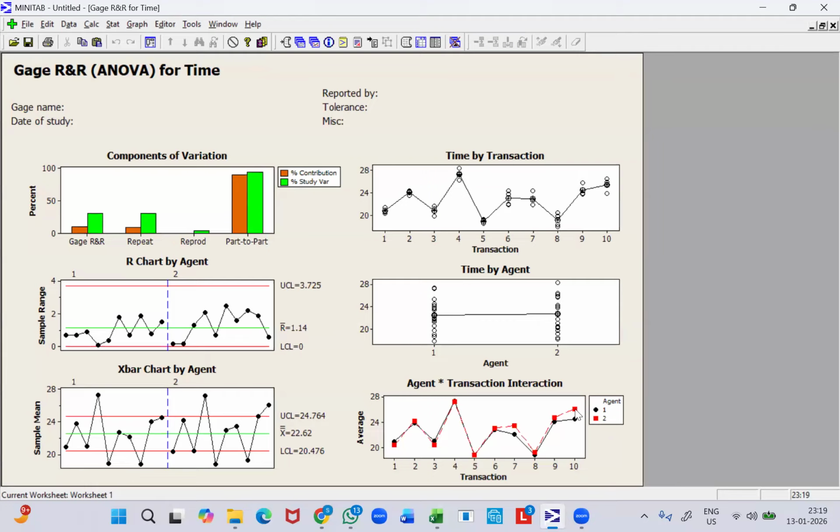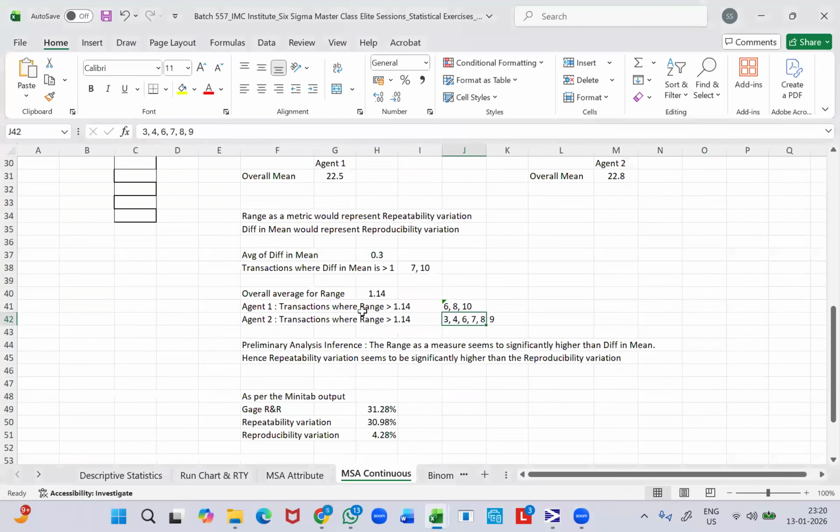Similarly, if you look at transaction number 10, we again see some significant gap between the two trend charts. So that is exactly what we also inferred in our preliminary analysis.